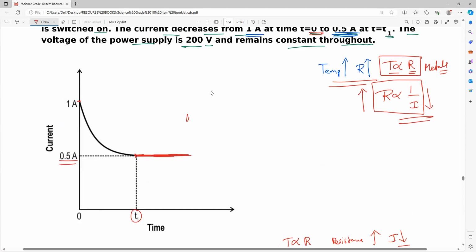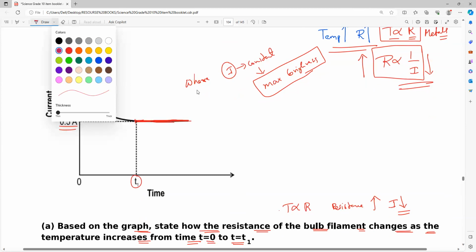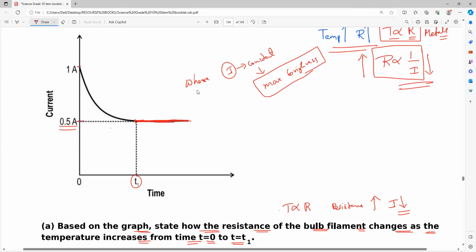Note this point: where the current remains constant, that is the point of maximum brightness. At what current does it have consistency? At 1 ampere or 0.5 ampere? 0.5 ampere.